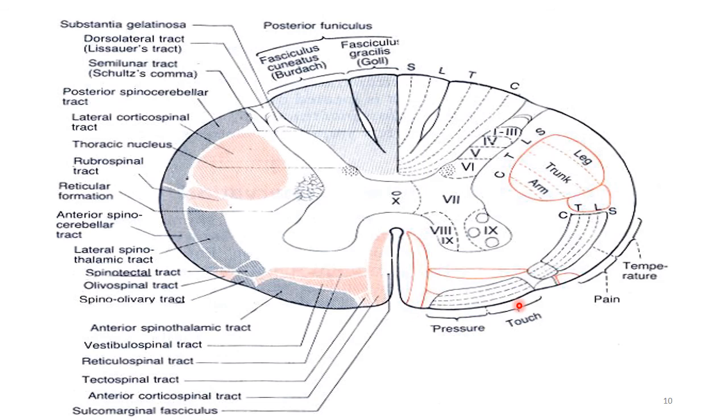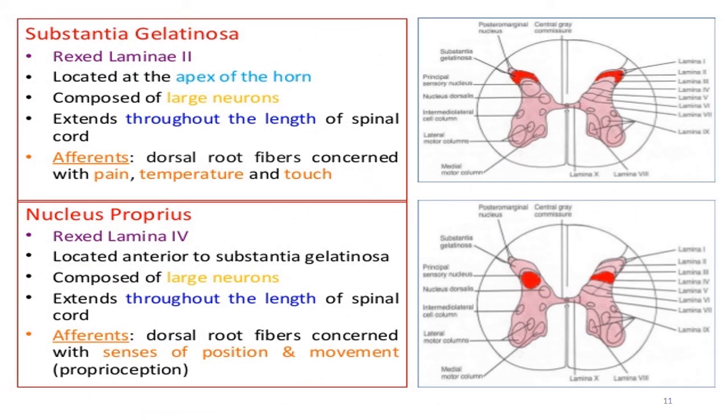Again here you will find spatial orientation, as sacral is outermost and cervical is innermost. So they maintain this orientation throughout its path.